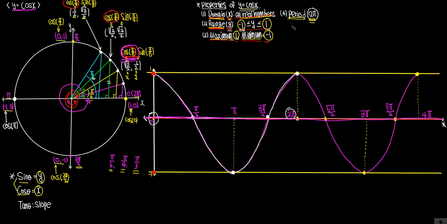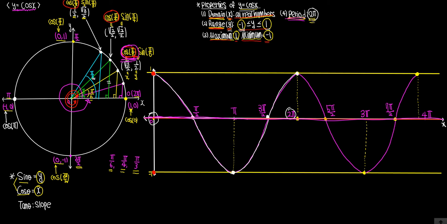This was the thing we had to remember. Most importantly, the y equals cosine x graph, like all trigonometric functions, is a periodic function that contains a period.